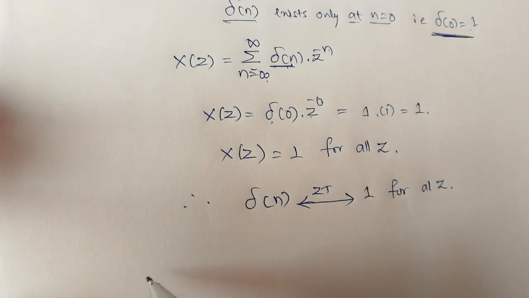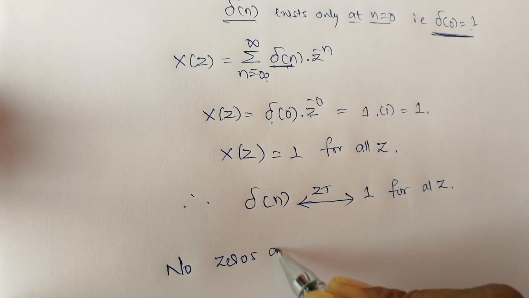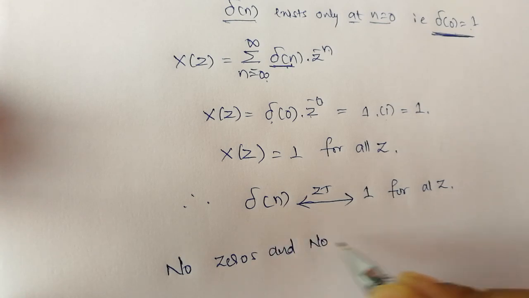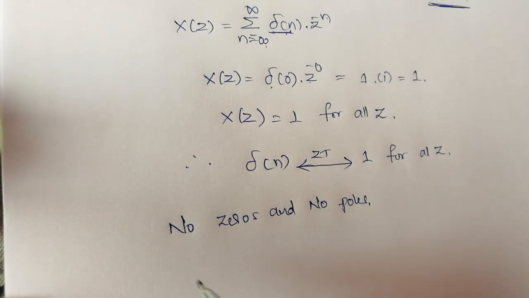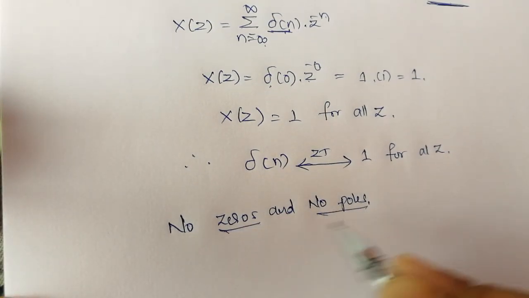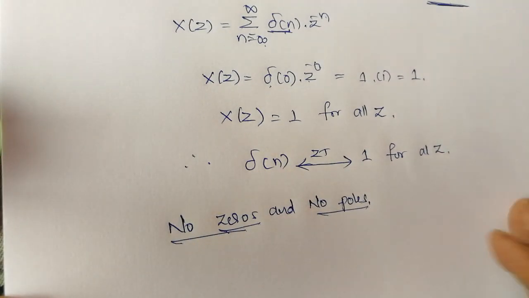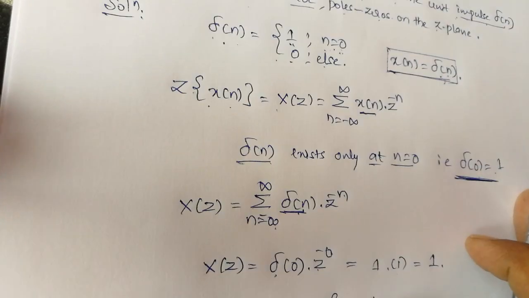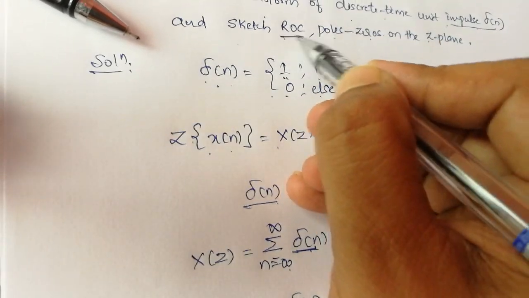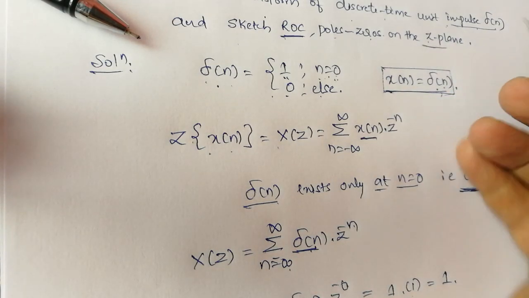In this case, there are no zeros and no poles. And coming to the ROC, it is about zeros and poles. There are no zeros and there are no poles. And the next part is the representation of ROC, region of convergence, on the Z plane.